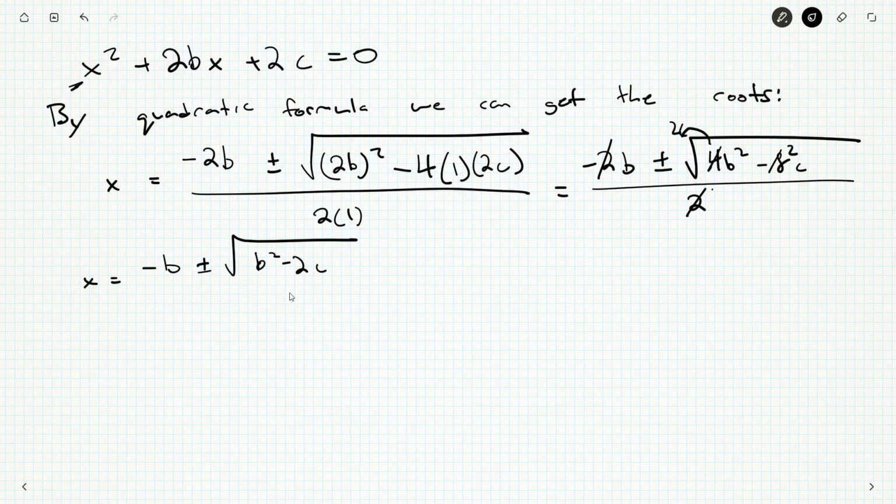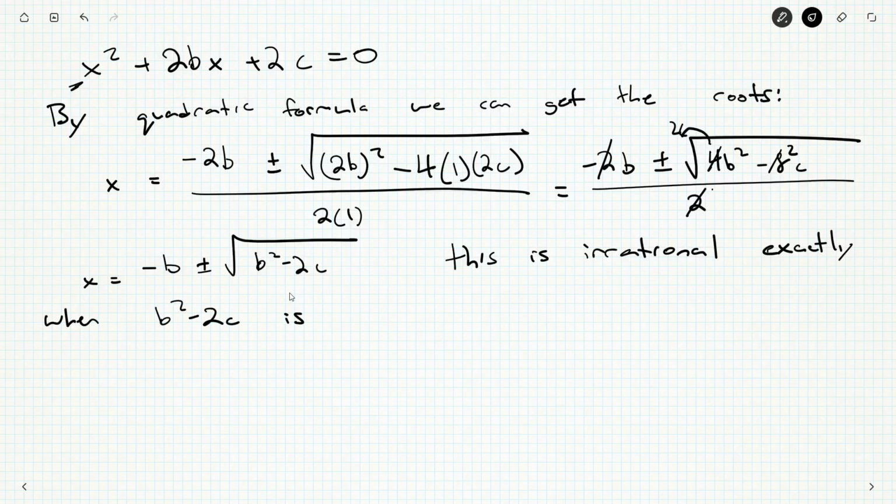Now, this is not rational, or as we typically call them, irrational, exactly when b squared minus 2c is not a perfect square.